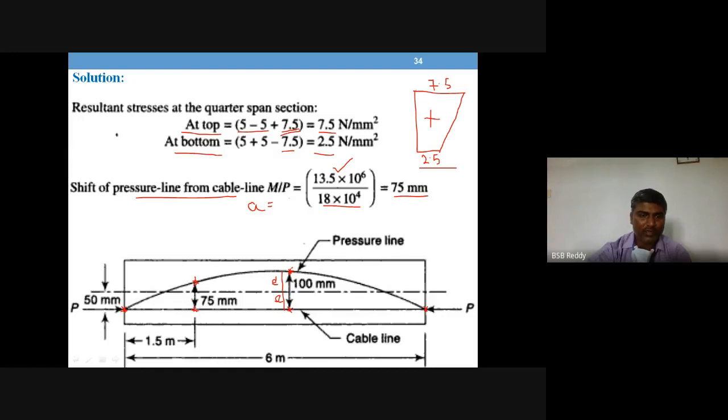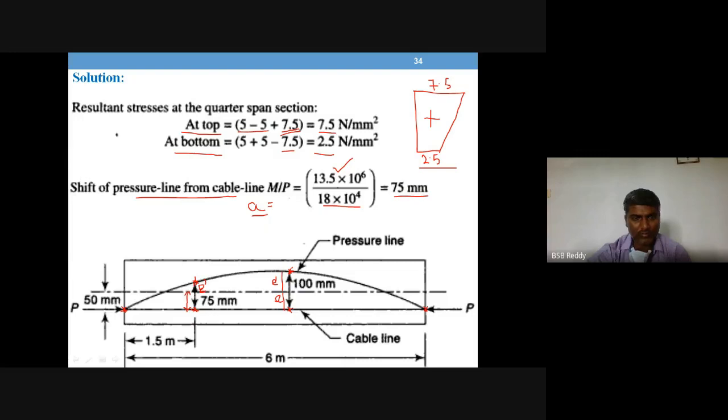That means the distance from the point on the cable line to the point on the pressure line is small a, that is 75. Already small e, the eccentricity, is 50. So the remaining value is E dash, that value is 25. So 50 plus 25, total 75.